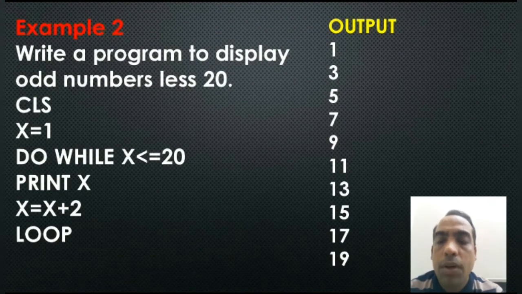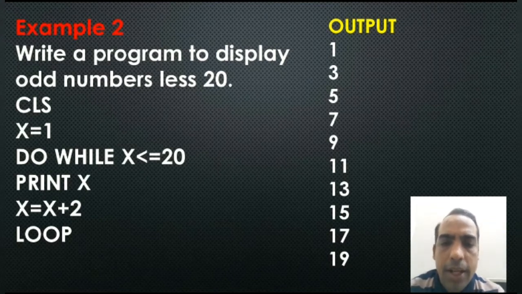Second example of do while loop. Write a program to display all odd numbers less than 20. First we have to write CLS statement to clear the output screen, then x equals to 1. Here x is the variable whose initial value is 1. Do while x less than equals to 20, because in the given program we have to print all odd numbers less than 20.